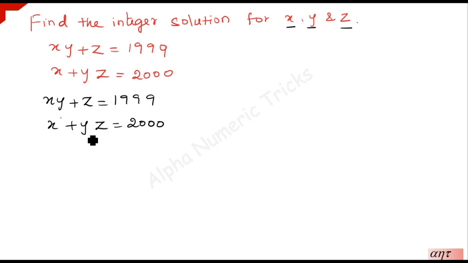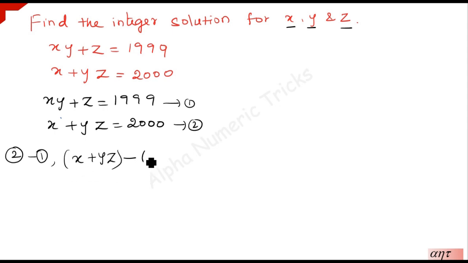What we have to do is number this equation as 1 and this as 2. So you just subtract 2 minus 1. This is your equation 2, so you subtract the left hand sides first. x plus yz minus, this is one term, xy plus z, is equal to 2000 minus 1999.